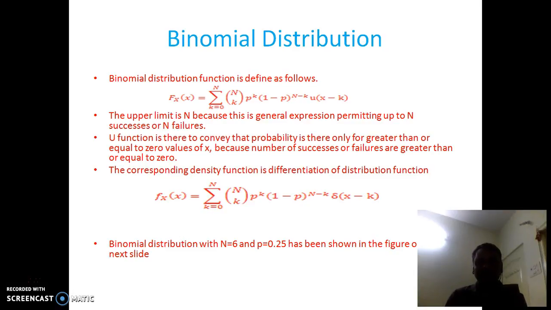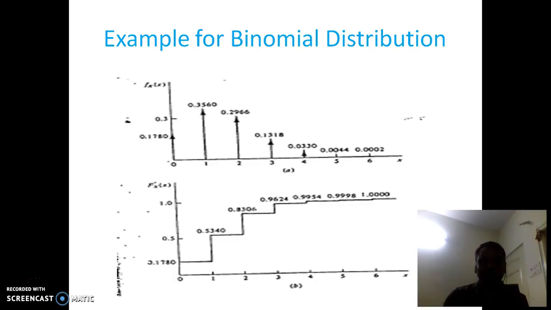Binomial distribution with capital N equal to 6 and p equal to 0.25 has been shown in the figure on the next slide. So you see that the distribution function is a staircase type of waveform and the density function is of impulse functions.